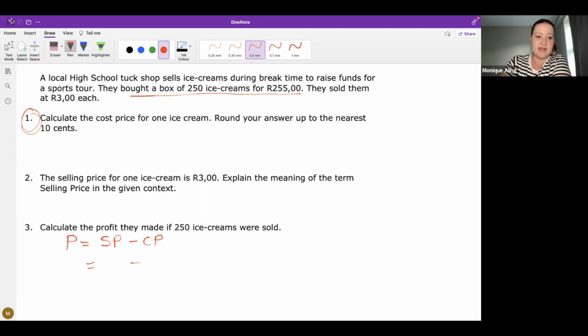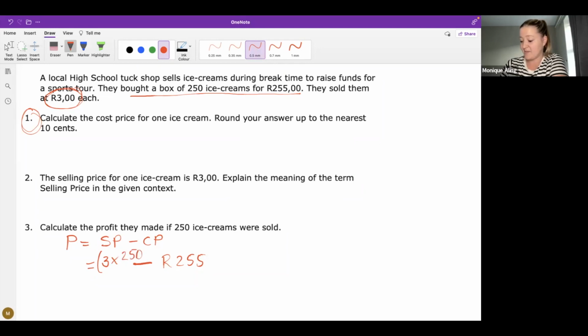Let's give some more space. Okay. So I've got my formula. Cost price is the 255 Rand. That's for the 250 ice creams. Selling price, the only thing we know about selling price is that's 3 Rand for 1. So we need to say 3 Rand times by the 250 ice creams.